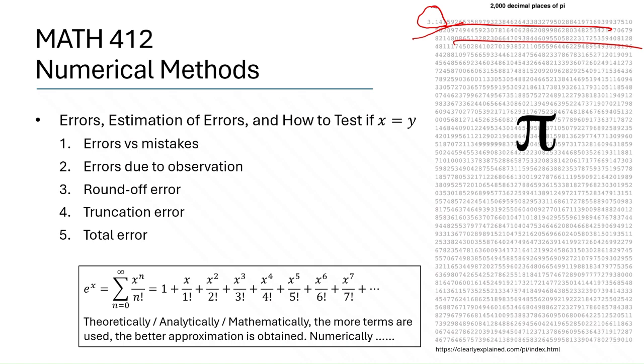So when we do numerical computing, we have two types of error we need to consider: roundoff errors and truncation errors. As for the errors due to observation, that's not just an issue of numerical computing.